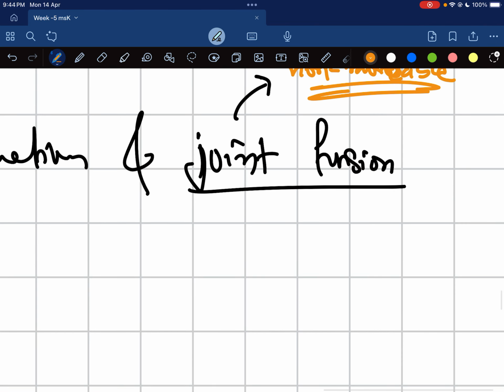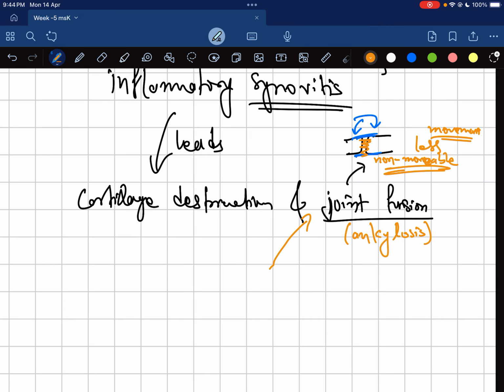This joint fusion is known as ankylosis. It occurs mainly in advanced cases.